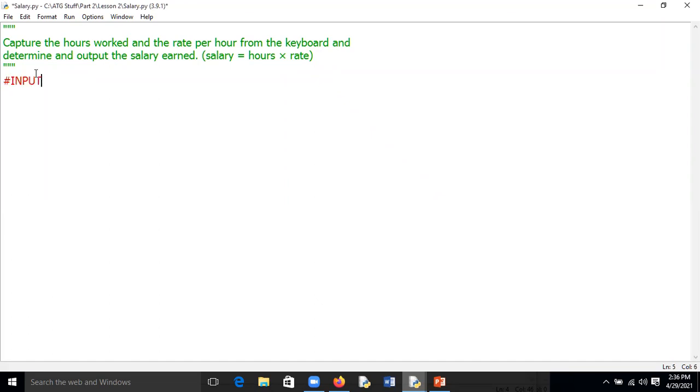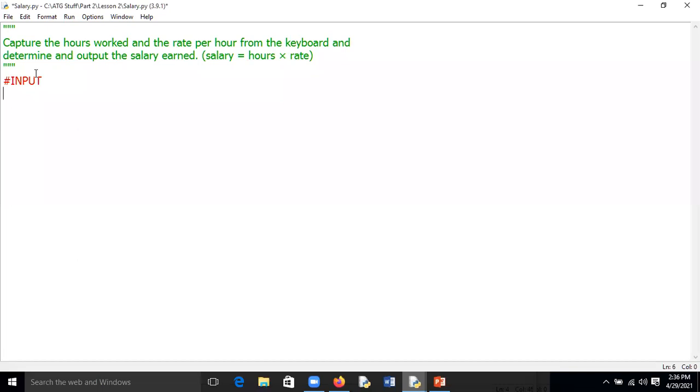Are we going to input them as float or string? Or int. So think about it. Somebody works hours. They don't necessarily work whole number hours, like 6 hours. They might have worked 7.5 hours. 7.5 is float.